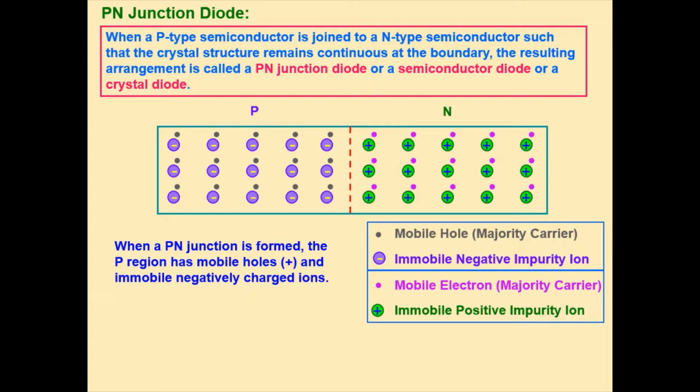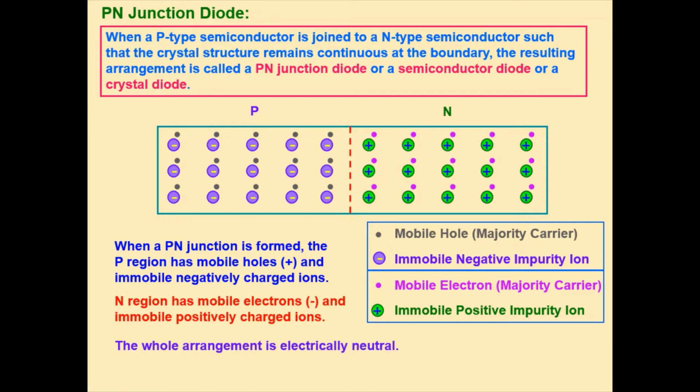The p region has mobile holes and immobile negatively charged ions, and the n region has mobile electrons and immobile positively charged ions. And this whole arrangement is electrically neutral. Why?